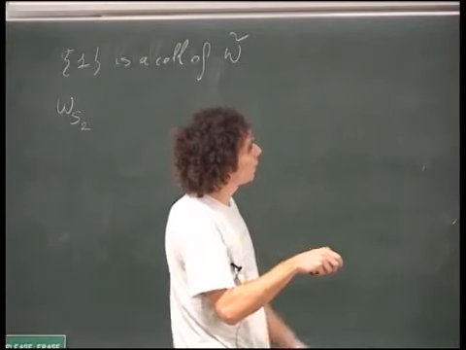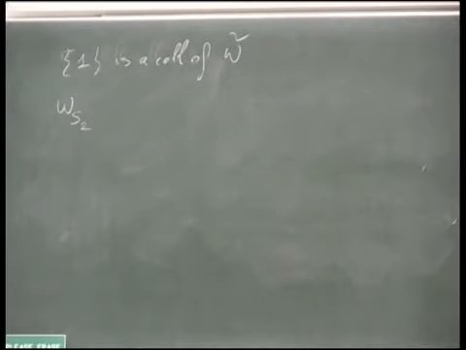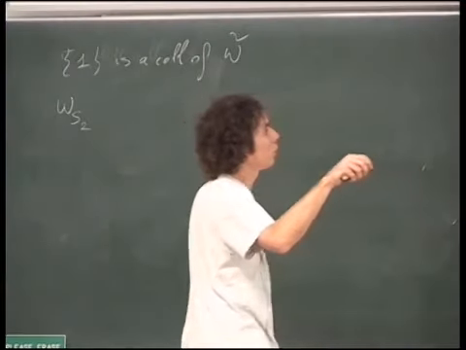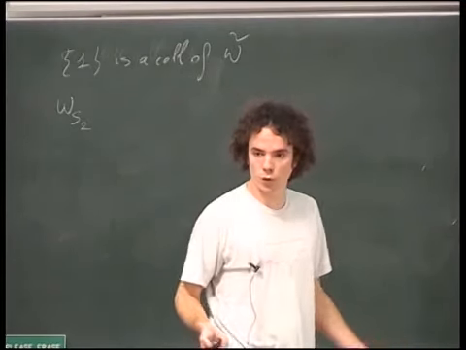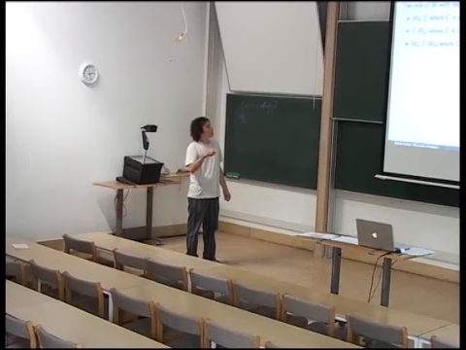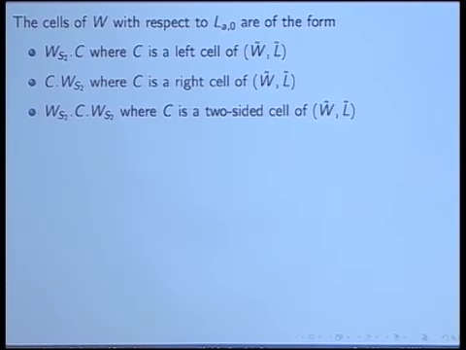Then 1 is always a cell of W tilde. So the first part tells you that W S2 times 1, which is just W S2, should be a cell of W with respect to the weight function L of A, B, where A is much bigger than B.